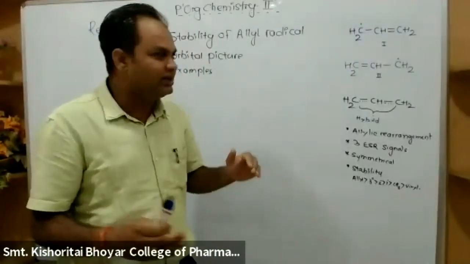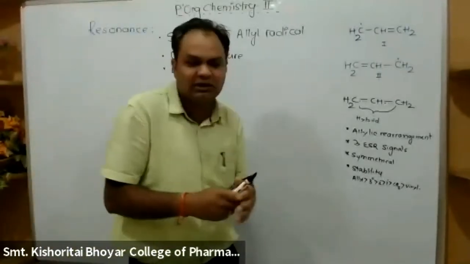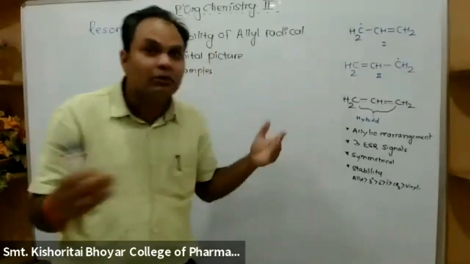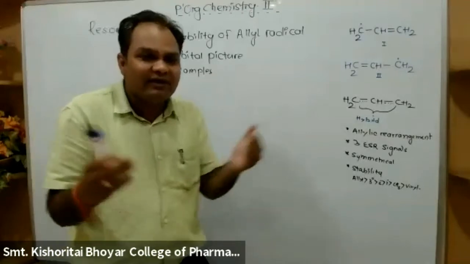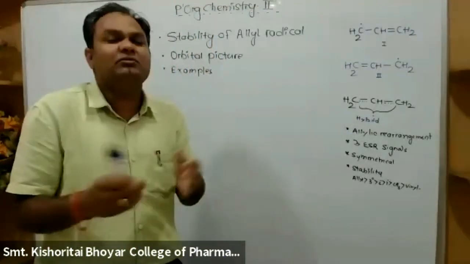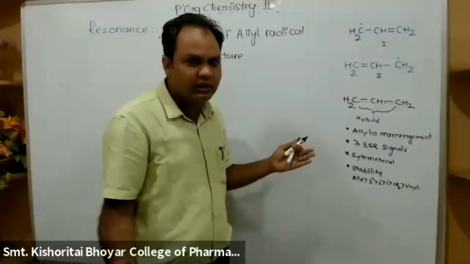So today's point is the stability of the allyl radical. As we know, it shows the phenomenon of resonance, because it has two contributing structures that are equivalent and have the same stability. Therefore the allyl radical is a resonance hybrid, and that's why it is stable.